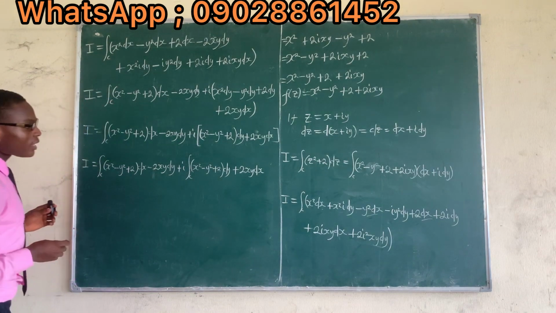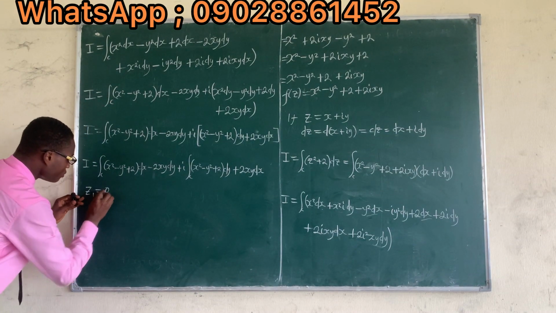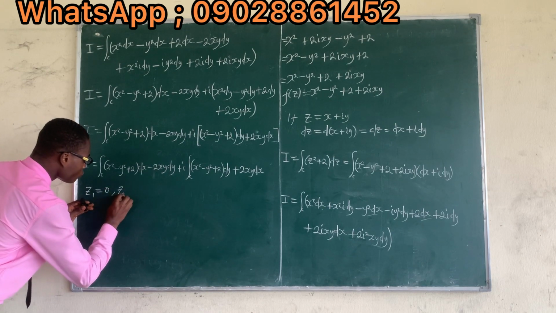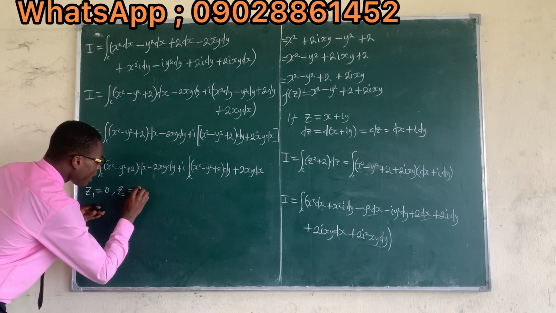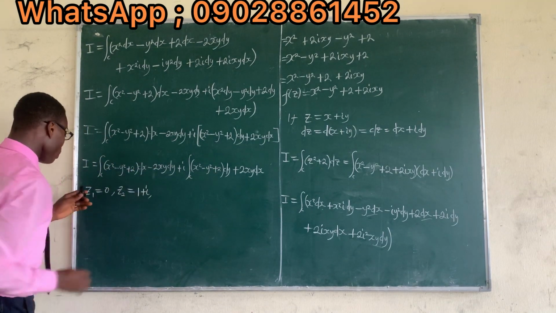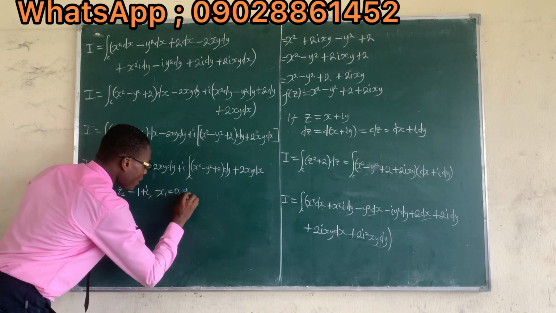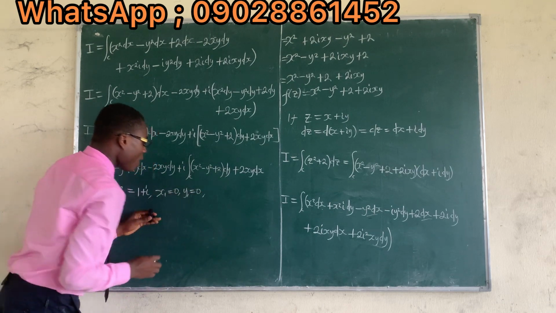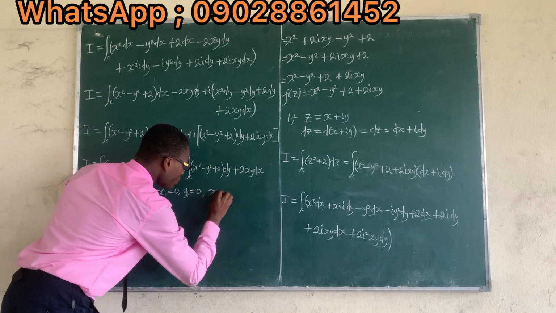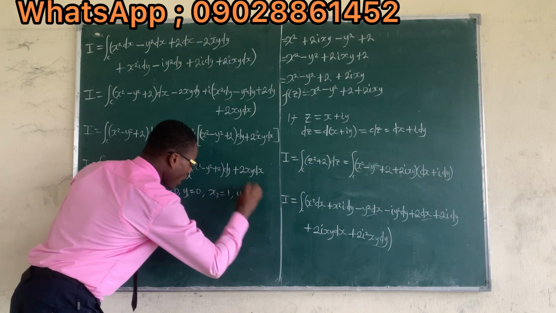So recall that they give us z1 equal to 0 and z2 equal to 1 plus i. And from here we concluded that x1 is equal to 0, y1 is equal to 0, and also x2 is equal to 1 and y2 is equal to 1.